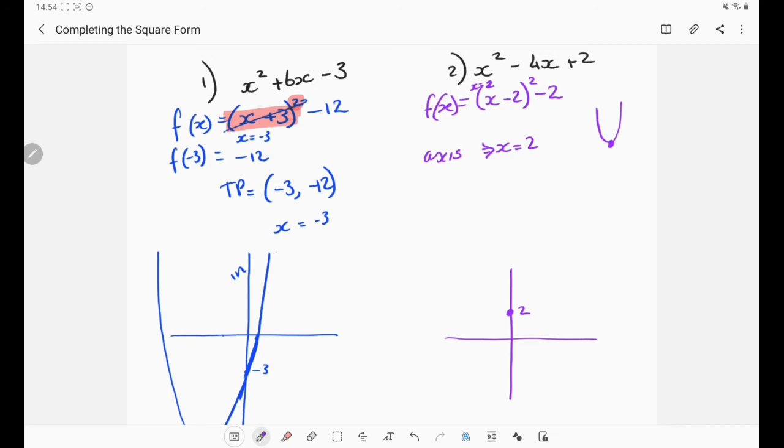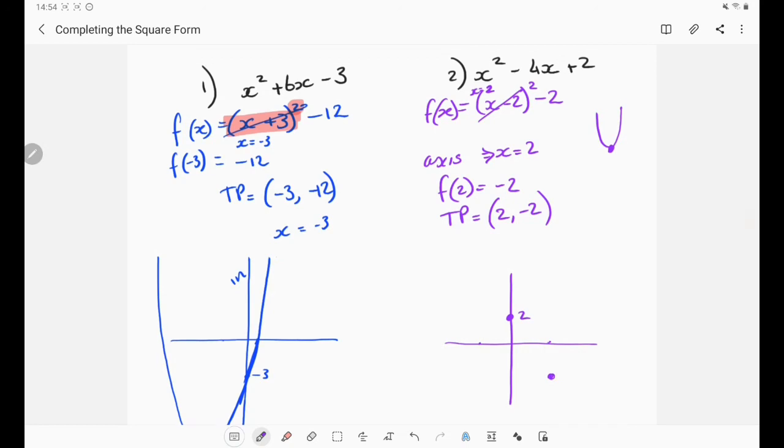But let us get our function. So we know that when x is 2, this will be the value of our y value. The bracket's going to disappear. You're going to be left with minus 2. So your turning point, TP, is 2, minus 2. You look at your graph and you mark it in: 1, 2, positive, down to negative.